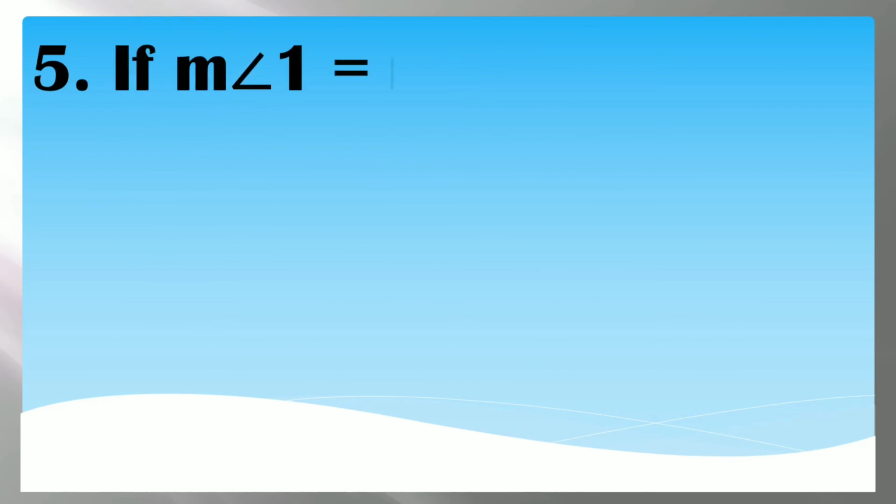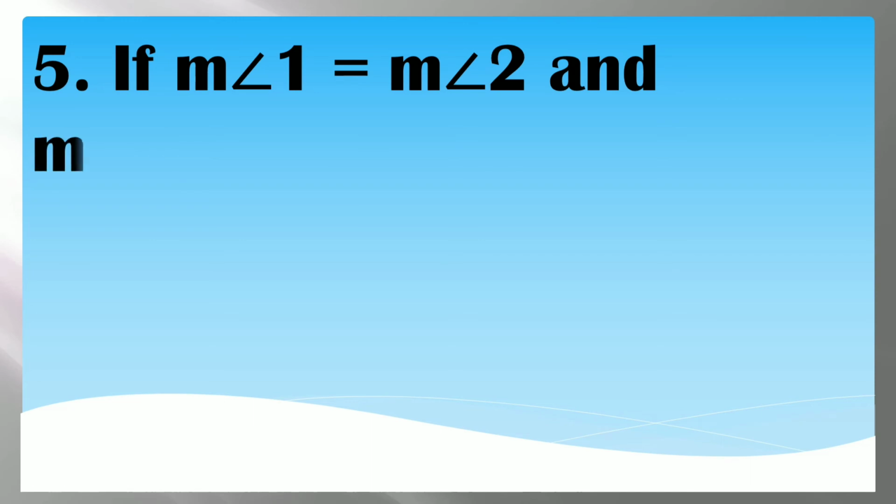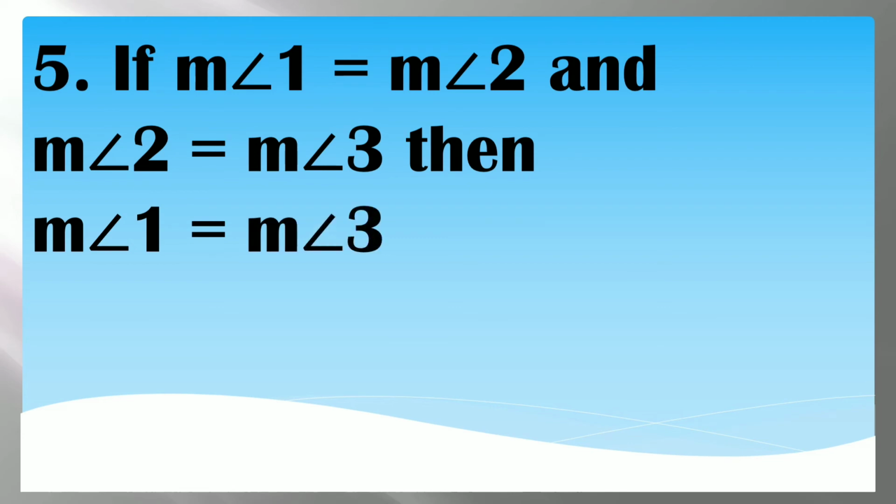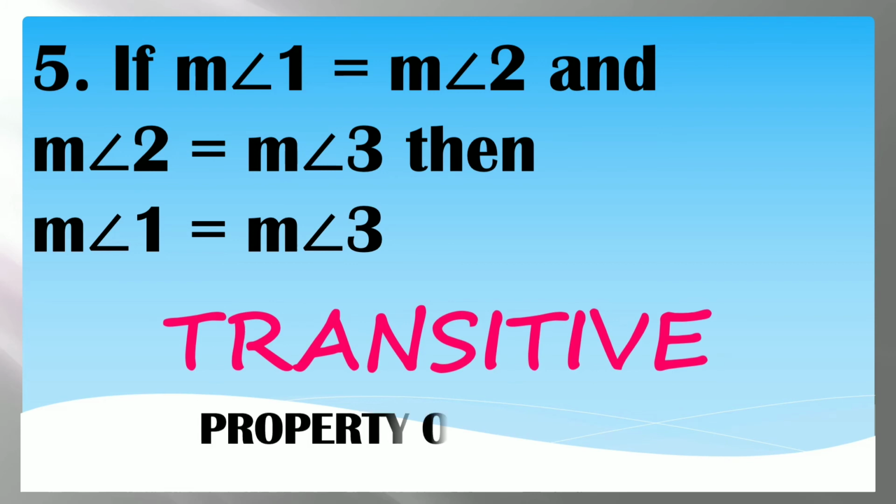Number 5: if the measure of angle 1 equals the measure of angle 2, and the measure of angle 2 equals the measure of angle 3, then angle 1 equals the measure of angle 3. We have three quantities here, and angle 2 disappeared. That is the transitive property of equality.